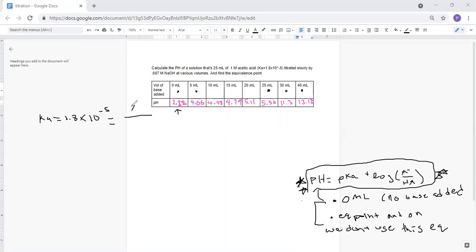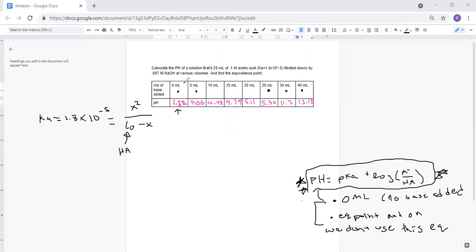So y'all know that this is the equation for that. Here's the initial concentration of acid, and X is going to represent how much of the acid dissociates, which we can figure out if we know this initial concentration.